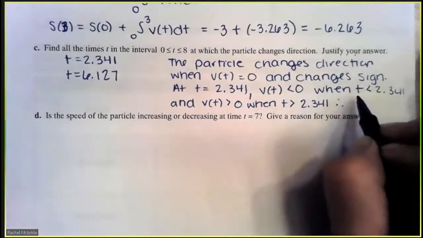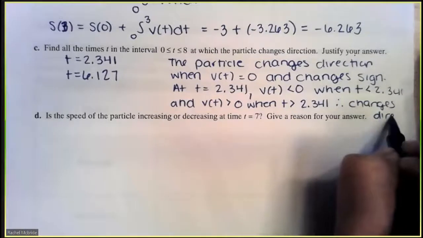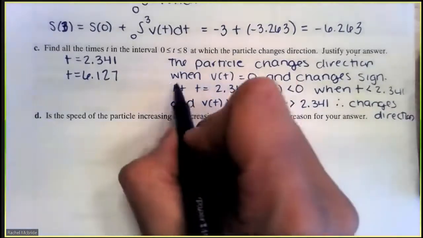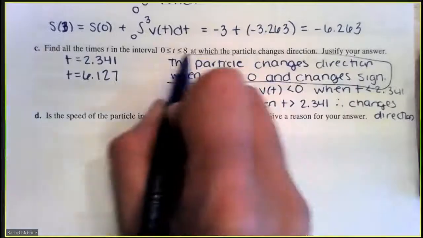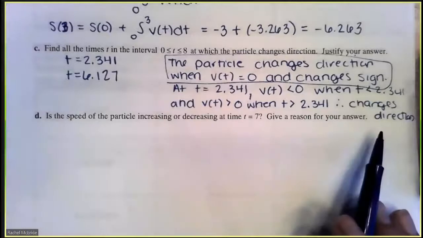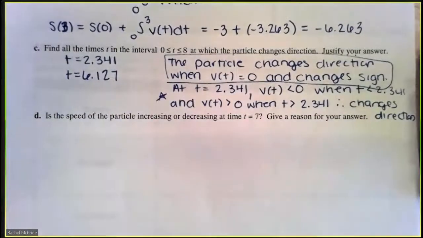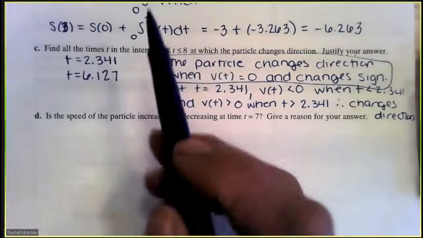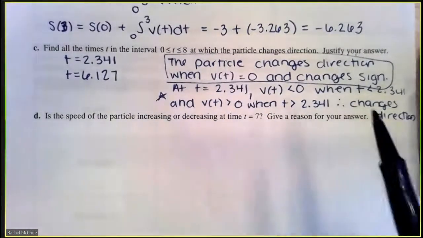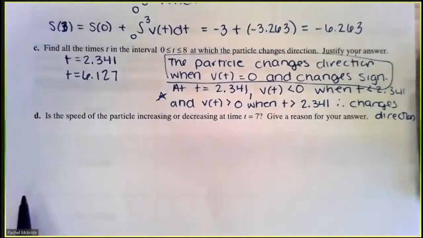Therefore, it changes direction. Now that might be a little overkill. This particular sentence here kind of covers exactly what you're trying to say. If you really wanted to put it into words, this is an alternative definition where you actually tell them that it's negative and then it's positive. You could also have used your words and said that. So make sure they know when you're justifying that you know it occurs at a 0 and a sign change.